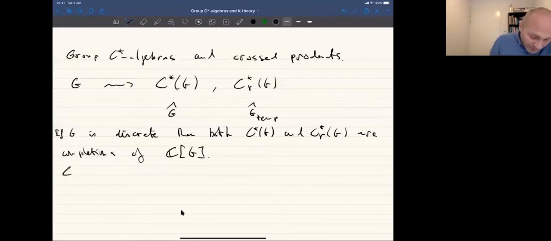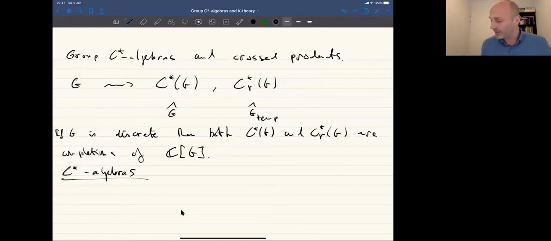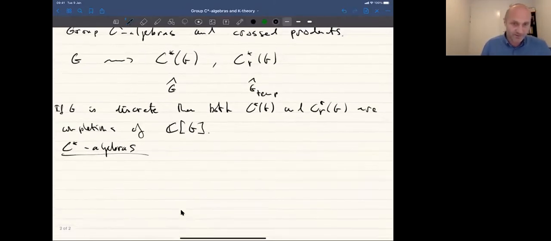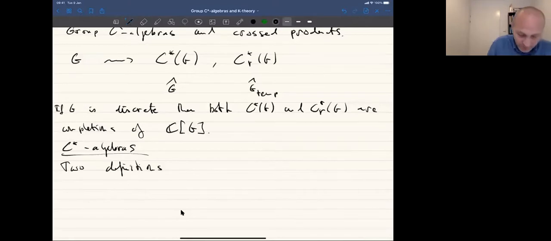But okay, to get into this discussion, we have to talk about C-star algebras and what they are. So you can define these in different ways. There are two definitions that one could use and that are actually equivalent through a famous theorem.